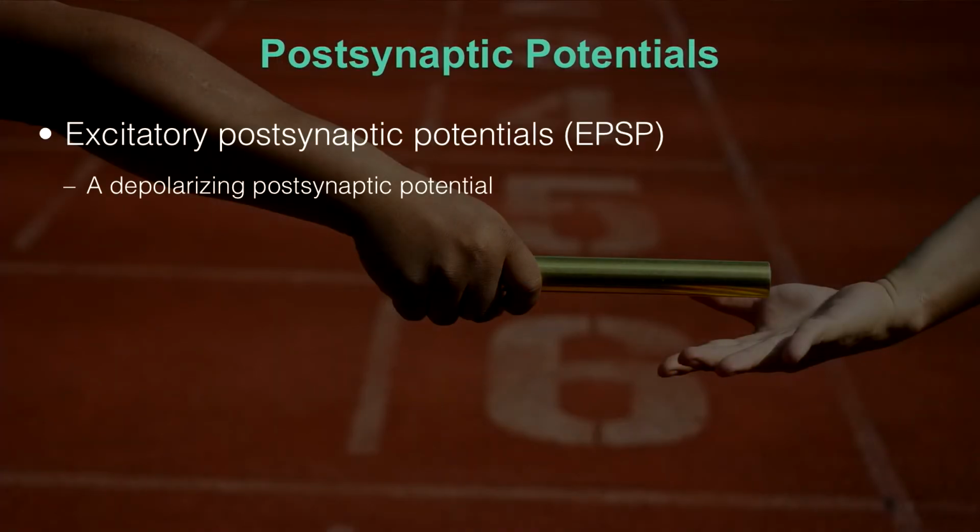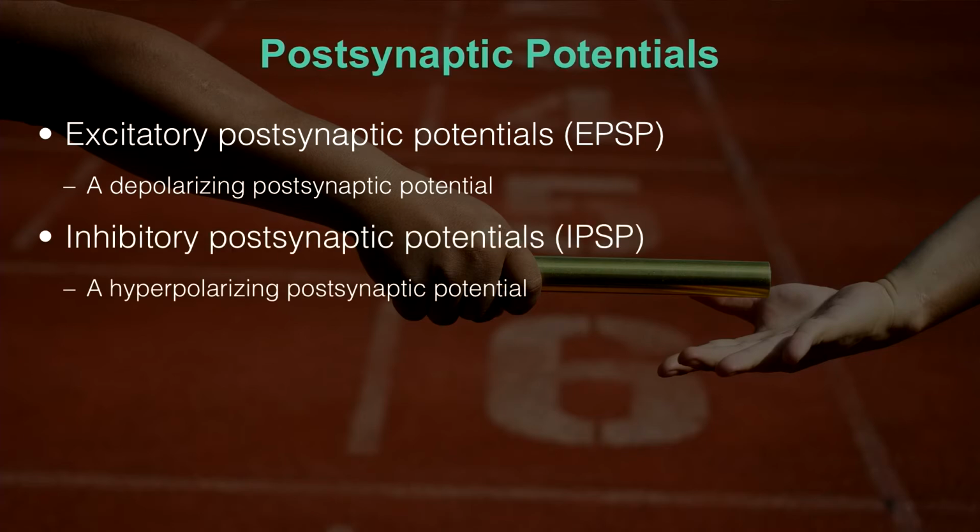So an excitatory postsynaptic potential, we know, to be one that causes the membrane to depolarize. The same sequence of events can occur but elicit an inhibitory postsynaptic potential. Maybe instead of acetylcholine, the presynaptic neuron released glycine.